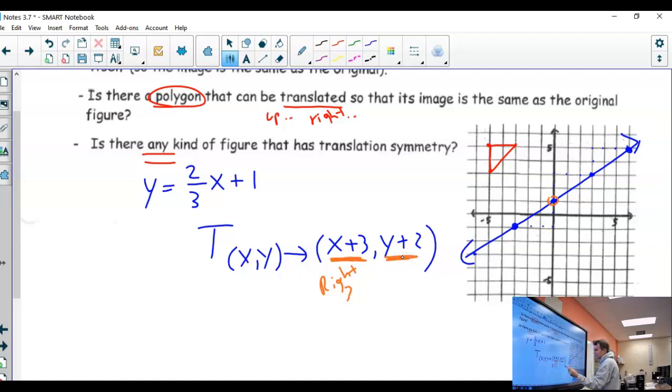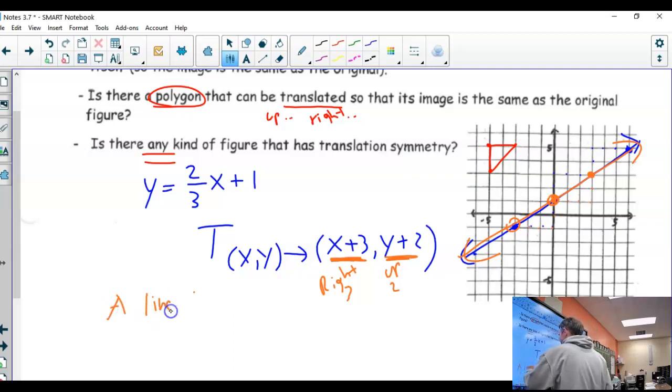Y plus 2 means up 2. So if I take this point and I go right 3 and up 2, I end up there. And if I take this point and I go right 3 and up 2, I end up there. And look, the same line. Lines actually do have translation symmetry.